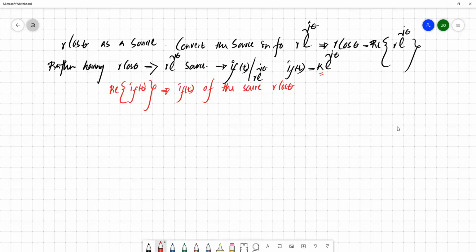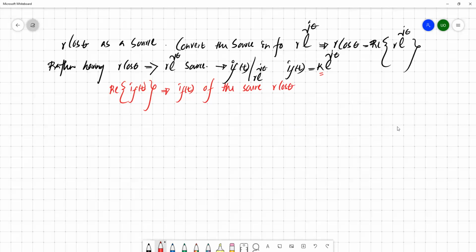But if you are dealing with the sinusoidal excitations, you need to find the unknown constants a and b, which are the coefficients of the cosine and sine terms. So rather than finding two unknowns, it is wise to transform the source into its corresponding exponential function, evaluate the response, and take the real part or imaginary part depending on the original source.